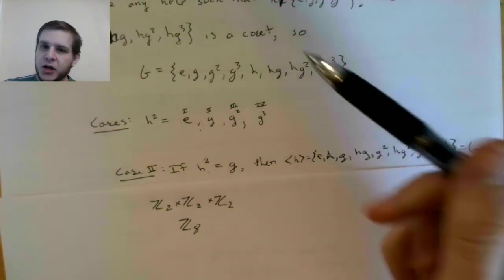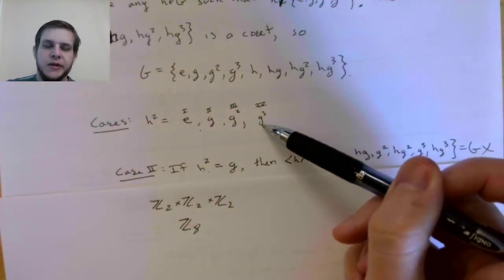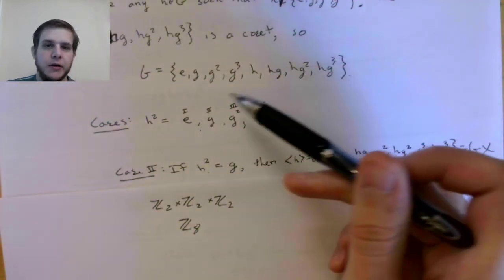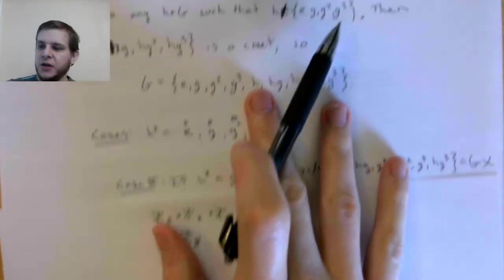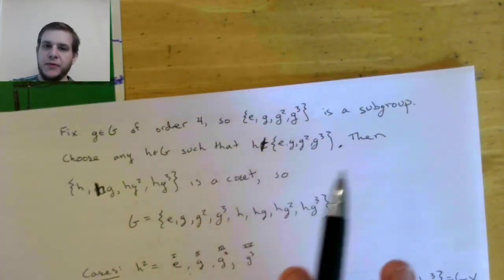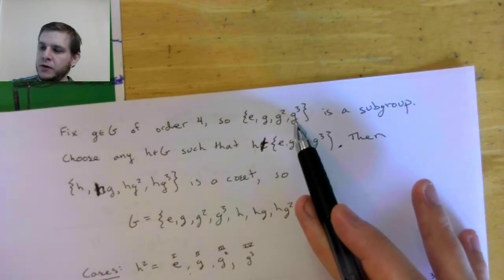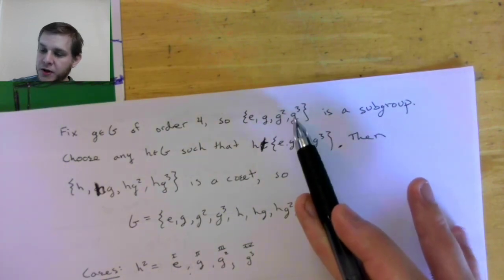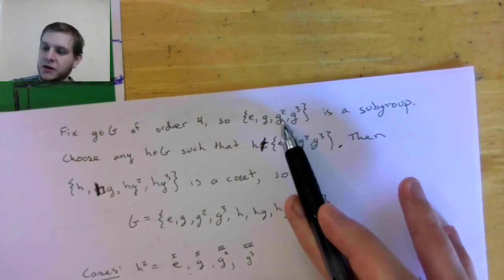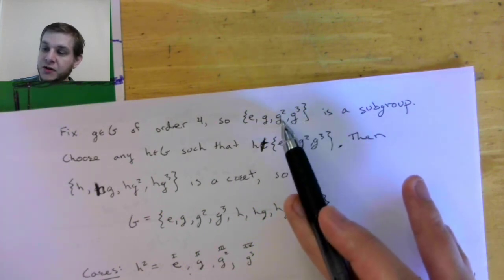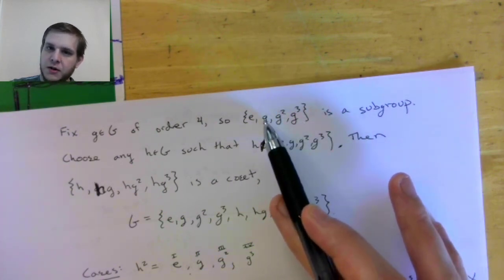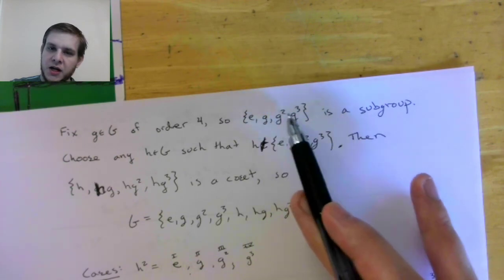By an identical argument, since G cubed has order 4 in the cyclic subgroup generated by G, right? Because G cubed squared is G squared. G squared times G cubed is G to the 5th, mod 4 is G, and G times G cubed gets me the identity.